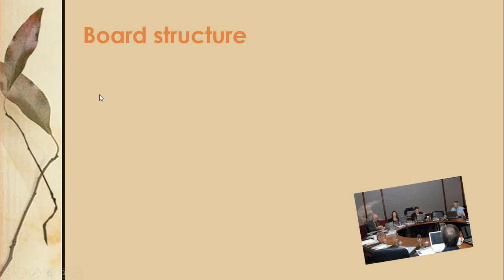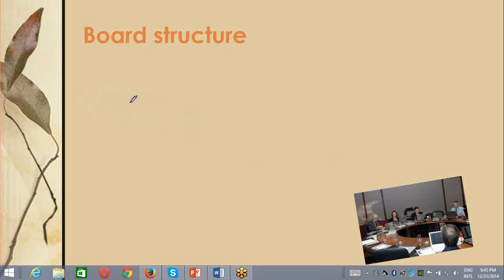Don't have all the engineers in the board. Have a balance of skills. Marketing, engineering, accounting, ladies, young people, old people, all the people should be there in a board. So have a mix of people. Then only the board becomes very effective. So the board structure is a very, very important thing for an organization. So we are going to look at what the board structure is going to be.